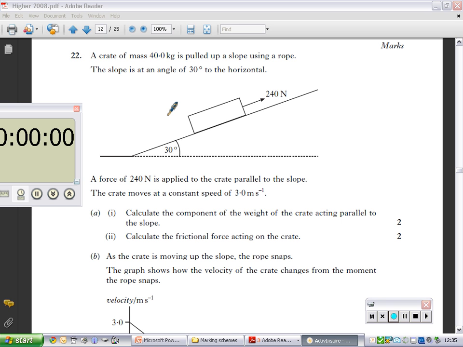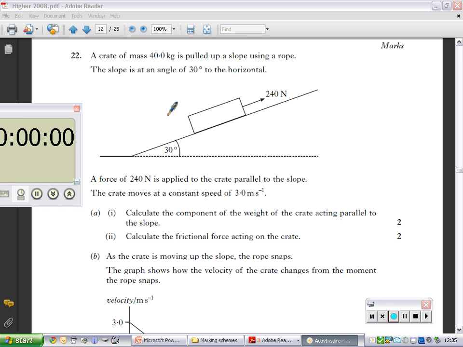An object either remains at rest or travels in a straight line at a constant speed unless acted on by an unbalanced force. That is Newton's first law. So if 240 newtons is pulling up, the component of weight you've already worked out is acting down as well, so whatever's left over from the 240 must be the friction. You take the weight parallel off the 240, and whatever's left over must be frictional effects of the slope.